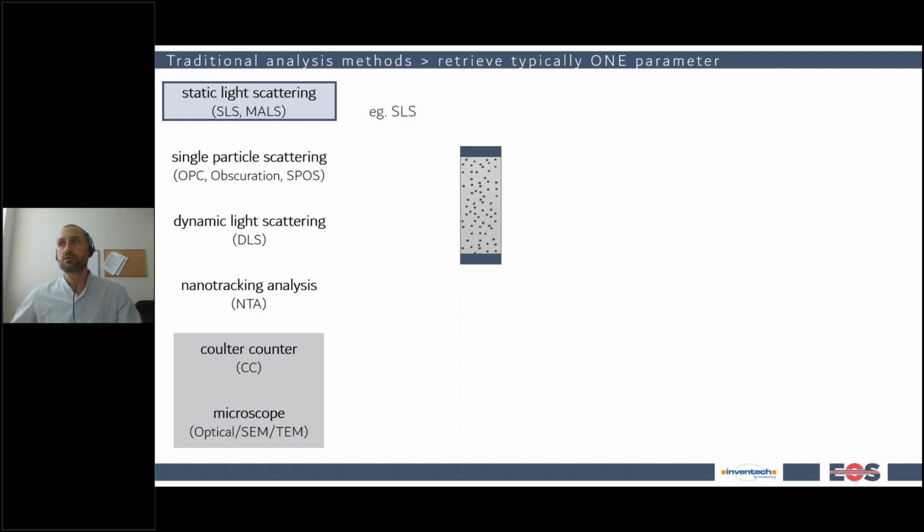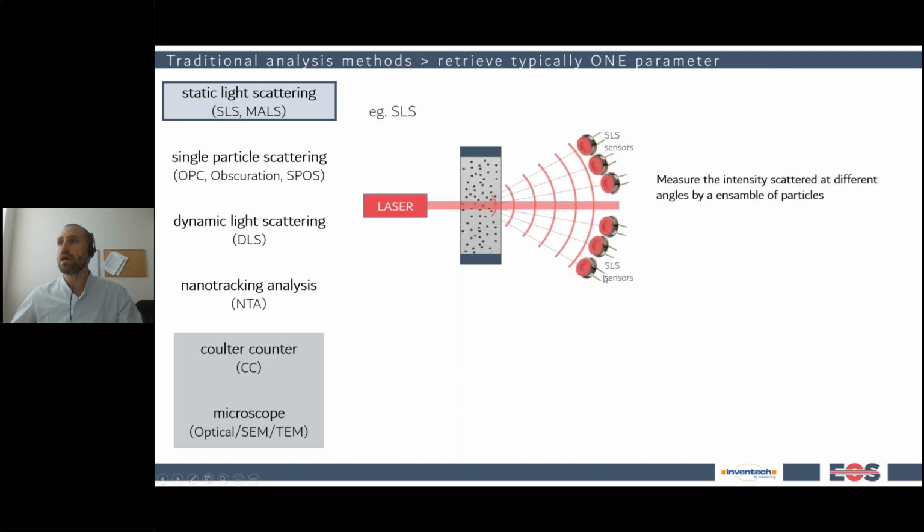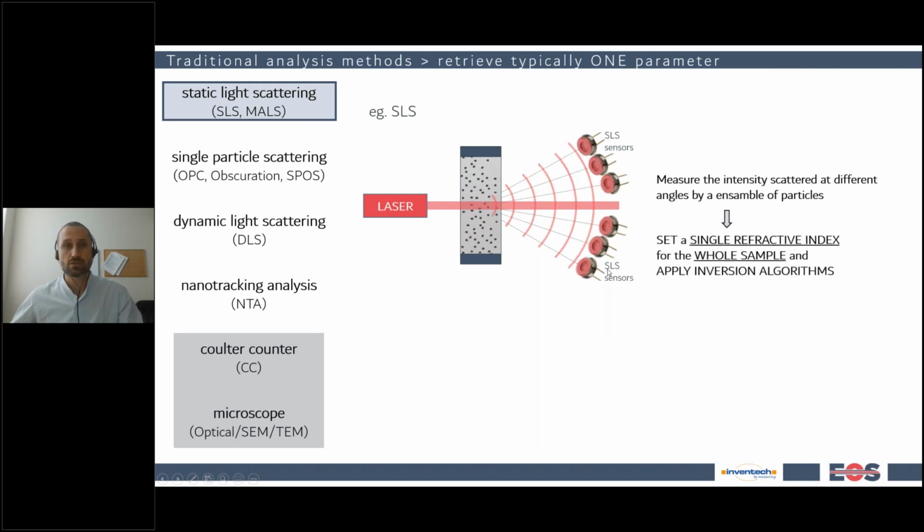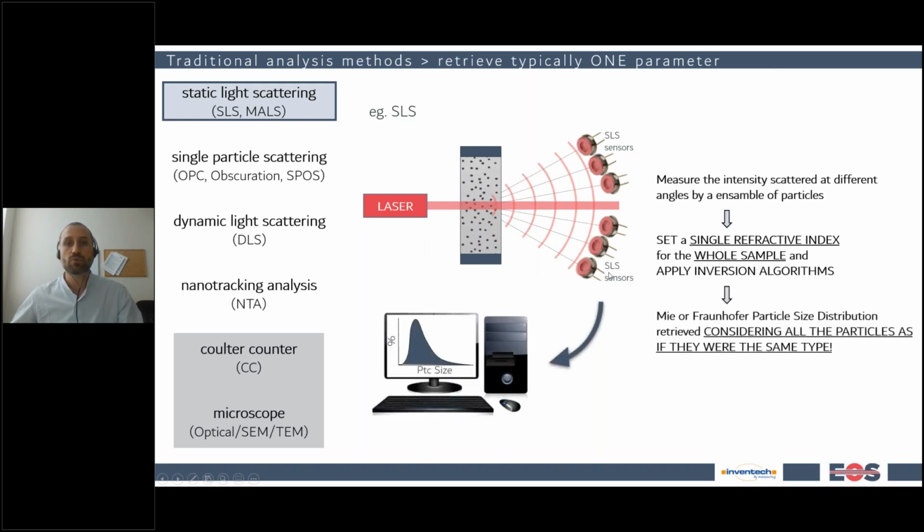In static light scattering, you have a system of particles in a liquid flowing through the device. A laser is employed to illuminate the particles, and the system measures the intensity of the light scattered at different angles. From this information, and thanks to information about the nature of the particles, let's say you have to set the refractive index for the whole system, this kind of approach provides the user the mean, or the Fresnel, particle size distribution.